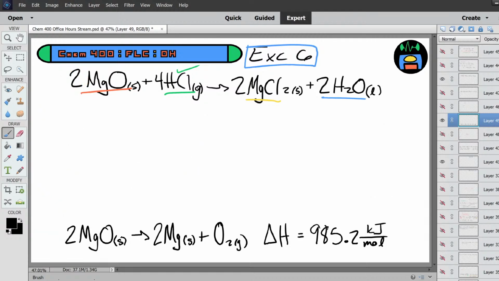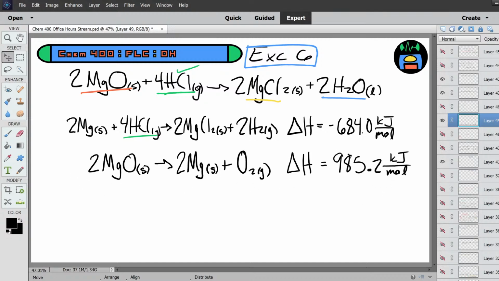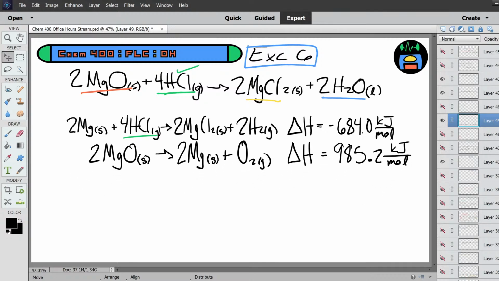All right, so now we can add this reaction to our list that we're going to all add up at the end of this problem. And now we have our 2 moles of solid magnesium lined up.